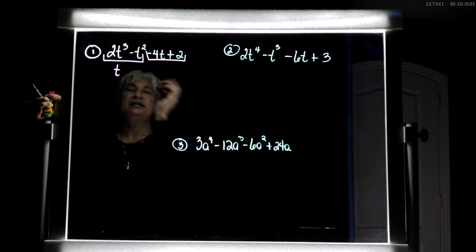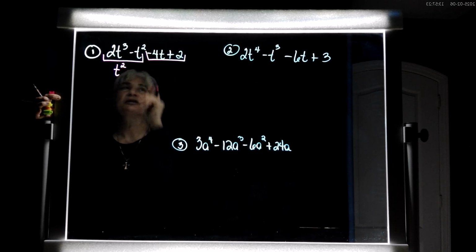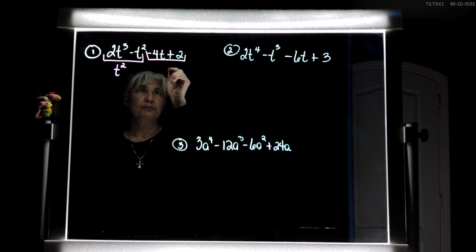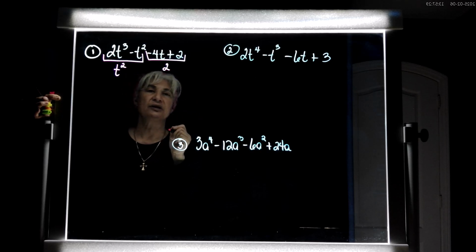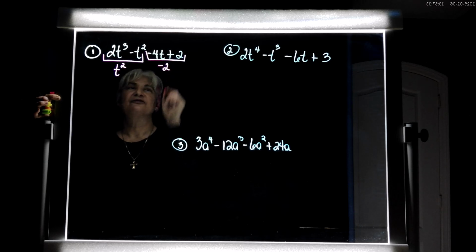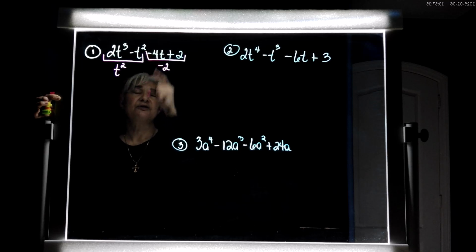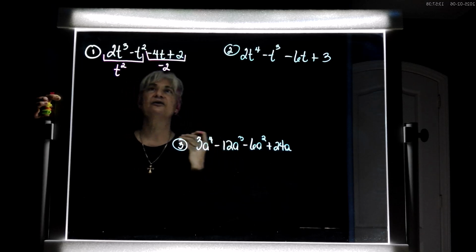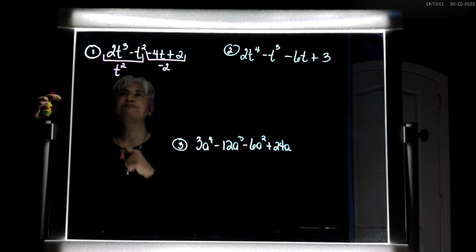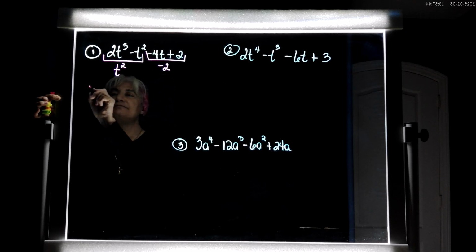Good, a t. How many t's? 2 t's. T squared. Got it. The second pair, they can both be divided by 2. I agree. The 2 would be what sign? Negative. That's why the first term on the second pair, you need to put the sign with it. Cool? All right. So take a look.